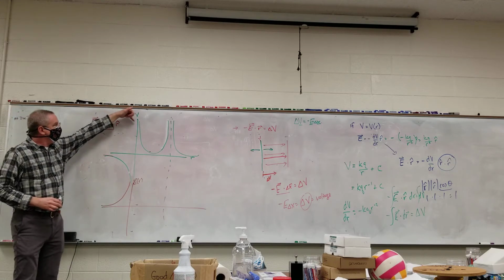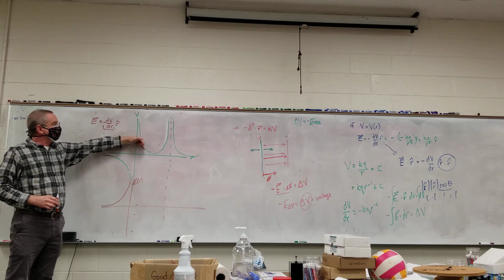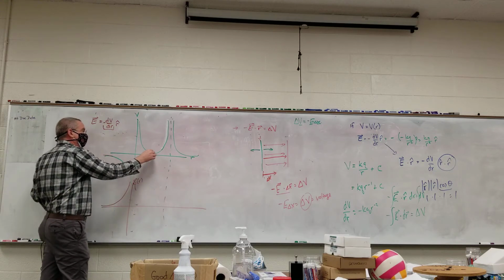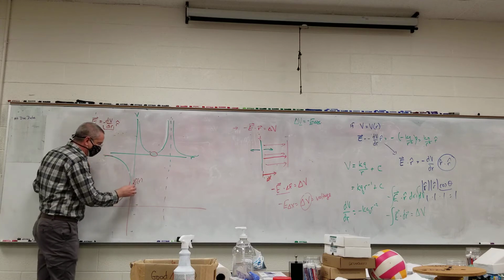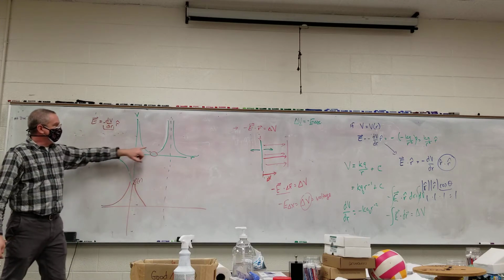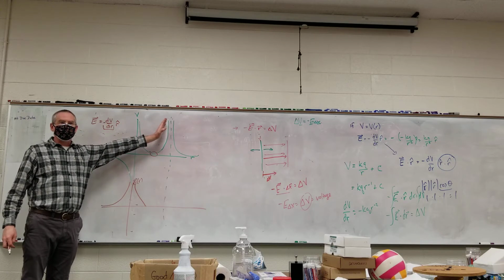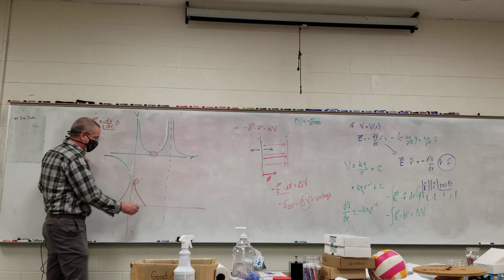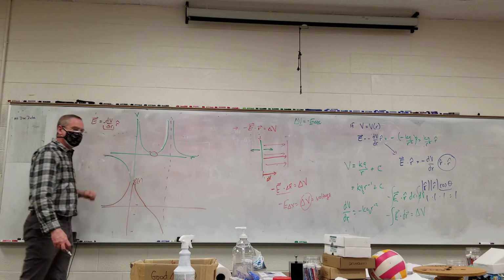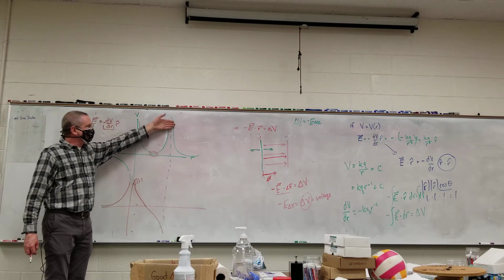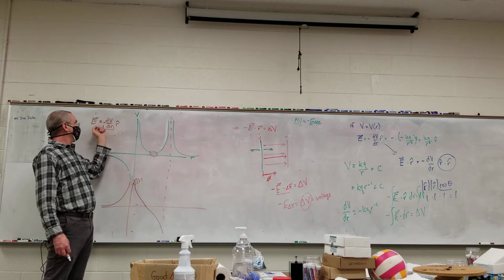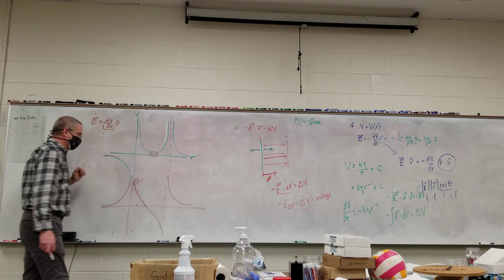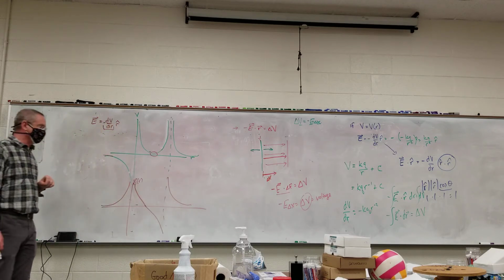The negative of my slope is positive, so again this is some positive number. At this point my slope is zero, so my electric field is zero. Over here, my slope is positive, going from something small to something huge, so I want the negative of that, which goes from something small to something huge, negative. And then over here my slope is negative, and since the electric field is the negative of that, it's positive. So that's a rough sketch of what my electric field looks like.